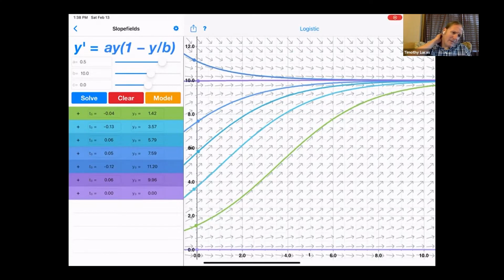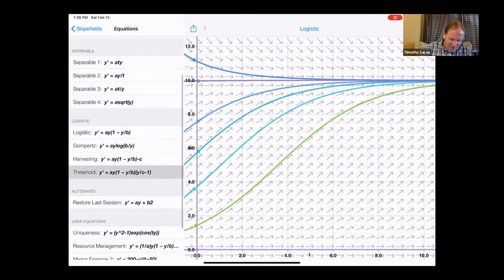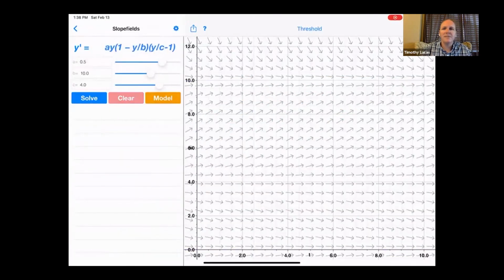When I was doing observations, we observed them interacting with the app in class, but we also brought them into focus groups. We presented them with a new equation. I'll show you this threshold model, which is kind of fun. Here they're presented with a new equation, and I start asking them some of these questions.